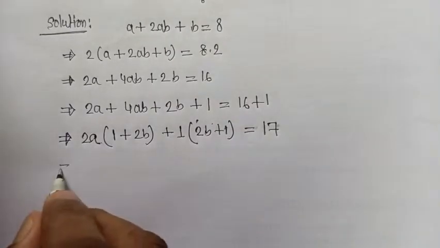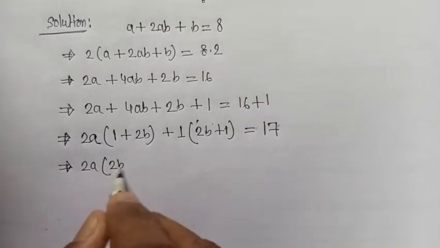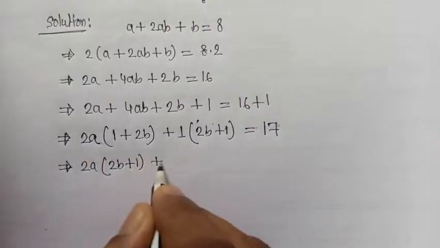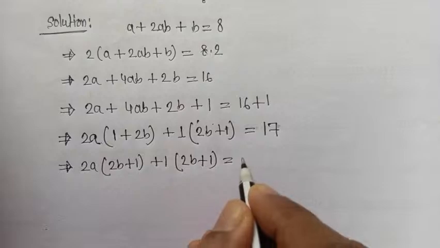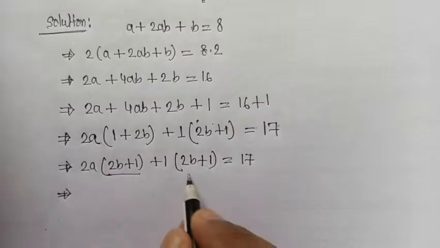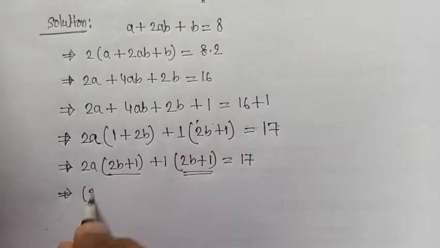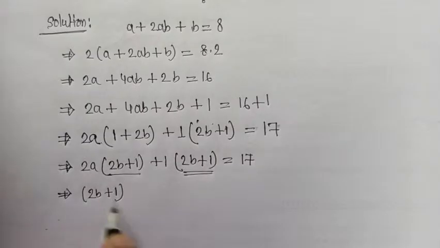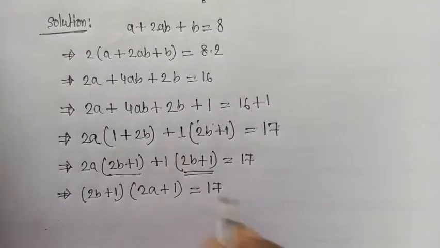Now we can write this as 2a(2b plus 1) plus 1(2b plus 1) equals 17. Now on the left side we get 2b plus 1 in both terms, so we take 2b plus 1 common. The rest will be 2a plus 1, equal to 17.